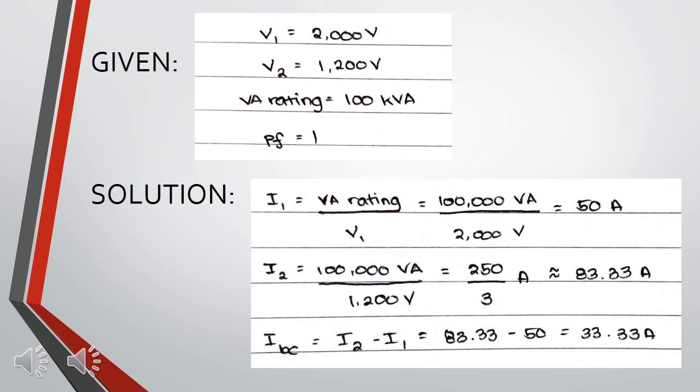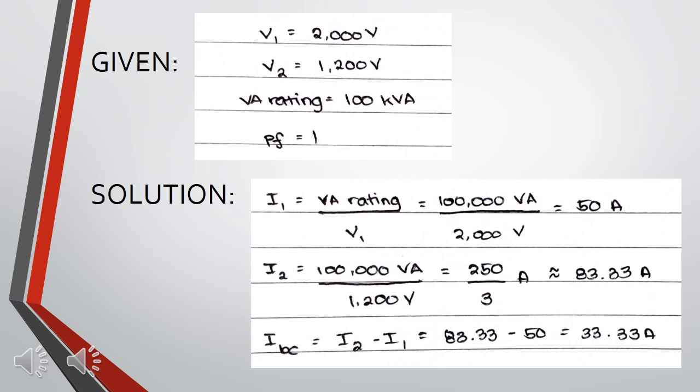The next current, the I2, is equivalent naman sa 100,000 VA all over 1,200 V, which is simplified into 250 over 3 amperes, which is approximately 83.33 amperes. And yung dalawang values na yun, ang kailangan natin para makuha ang current for the BC winding, which is, gagawin mo is subtract the I1 from I2. So, I2 minus I1 is equal to 83.33 minus 50, which is approximately 33.33 amperes.